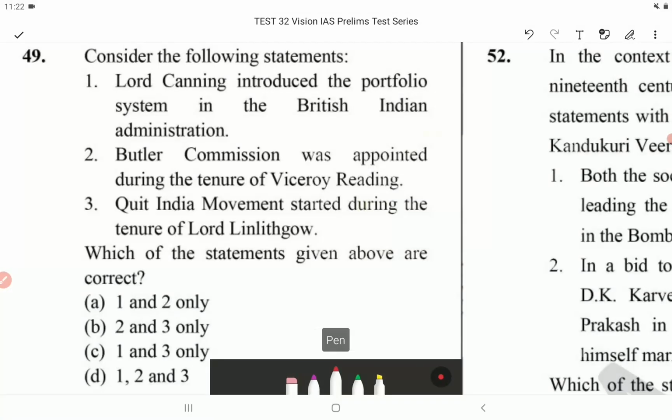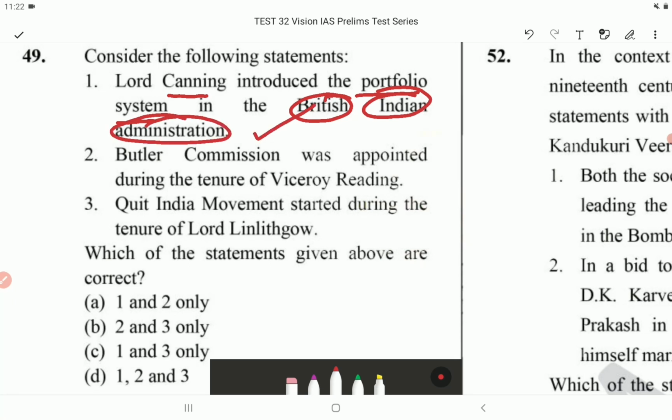Consider the following statements. Statement 1. Lord Canning introduced the portfolio system in the British Indian administration. This is correct. So the portfolio system was being introduced by Lord Canning, who was our first Viceroy of India. Number 2. Butler Commission was appointed during the tenure of Viceroy Reading.